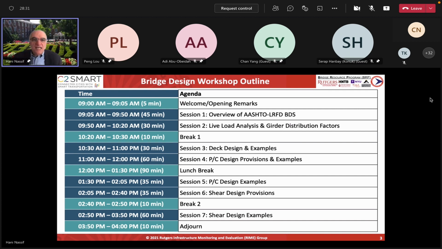So in today's workshop, we will talk mainly about an overview of the bridge design specification. I hope that you have the handout so you can follow and maybe take your own notes if needed. It will be a full schedule today. We will take breaks, and I want to make it informal.